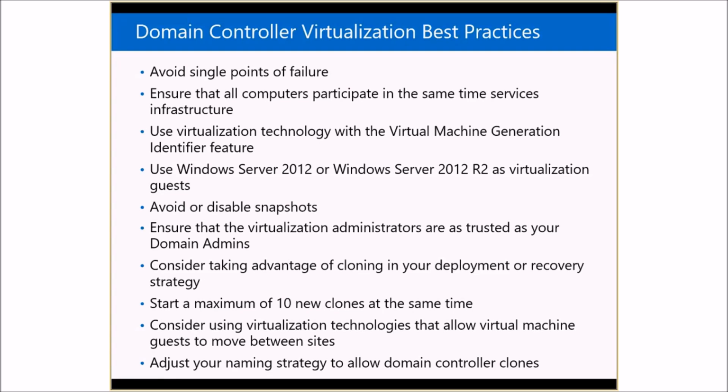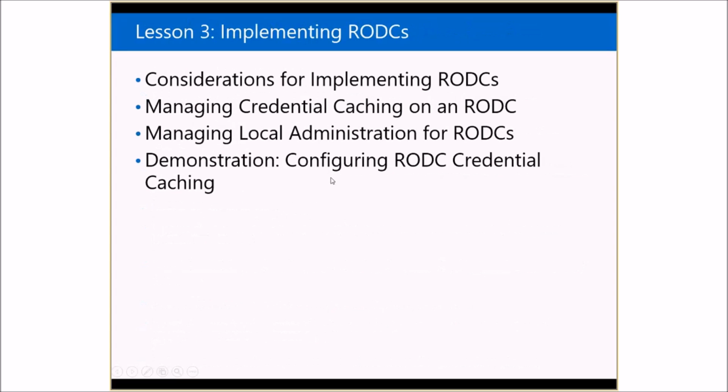Adjust your naming strategy to allow domain controller clones. If you haven't already noticed, I've been steering you down a track of naming your virtual machines correctly. For this assignment in this subject, you've been given names for those servers, specifically, with some variation for your names and so forth.